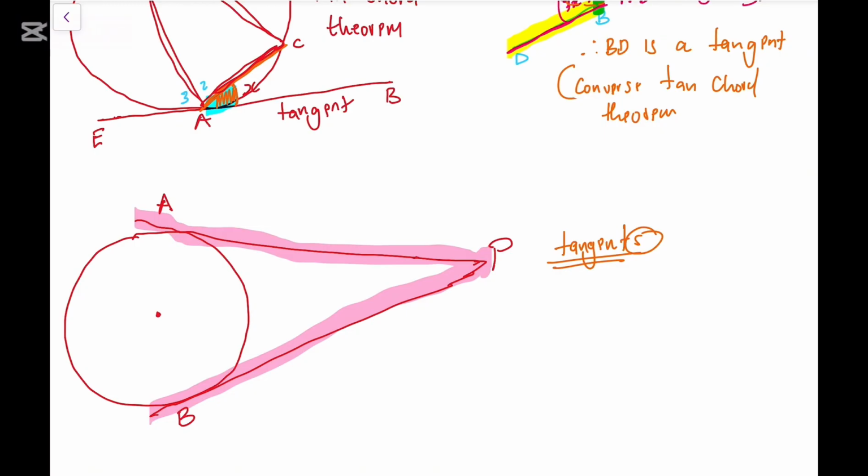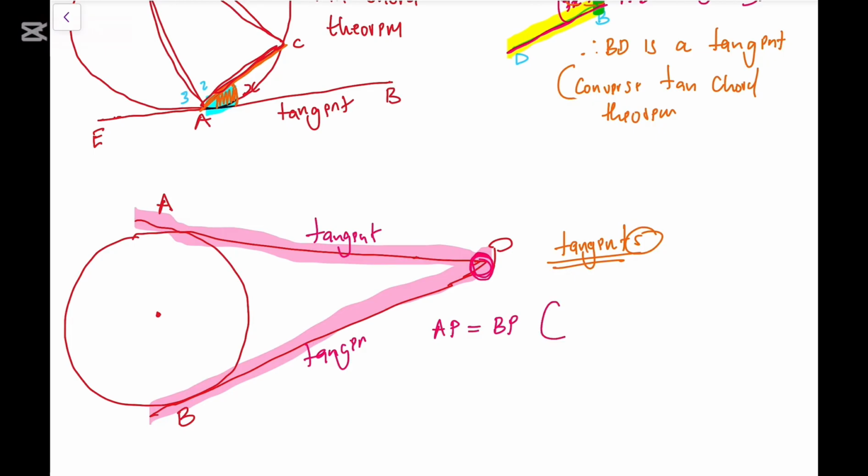So that means the minute they tell you that this is a tangent and this is also a tangent, since they are coming from the same point, which is point P, you already know that they are equal in length. So from this diagram, you can conclude and say AP is equal to BP.